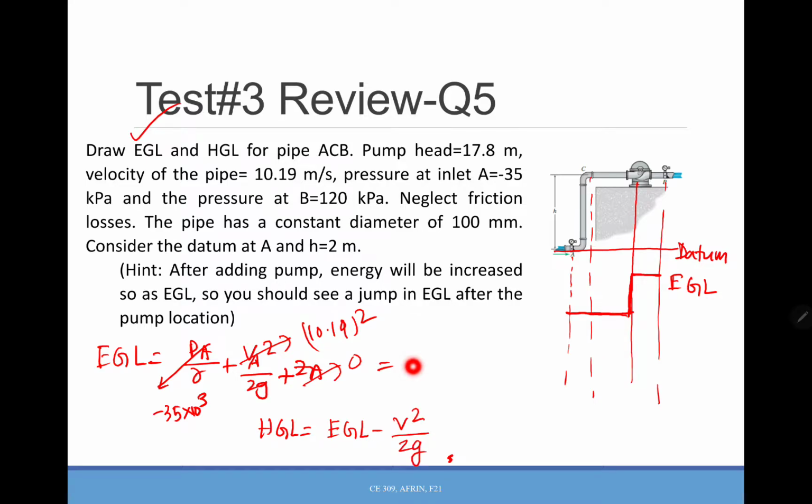Either you can calculate P over gamma plus Z, or you can calculate the HGL at any point because you know the pressure at A and B, but you don't know the pressure at C. So it will be easier if you just subtract the V square over 2G from EGL, because at any point the velocity will be the same, as the same flow is going through the pipe and the diameter is the same.